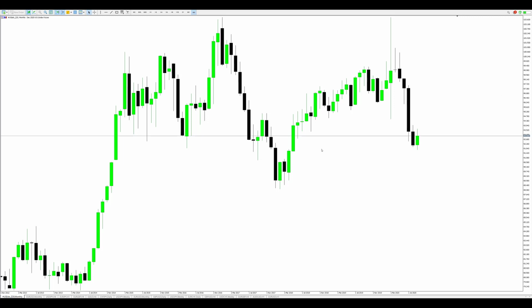So yeah, I'm just gonna illustrate what I think the dollar is gonna do, and how it's gonna affect the other assets that we trade: Euro USD, USD JPY, Euro GBP, and the other assets.